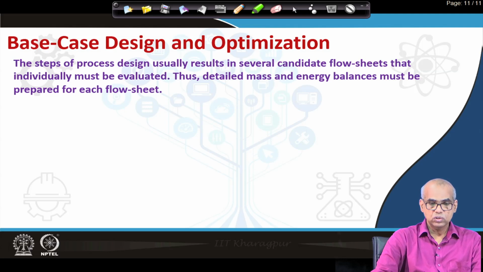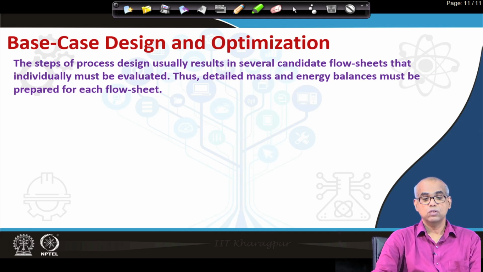So, we will follow certain process design steps or synthesis steps, and this will lead to several candidate flow sheets, and we must evaluate the merits of such flow sheets individually.